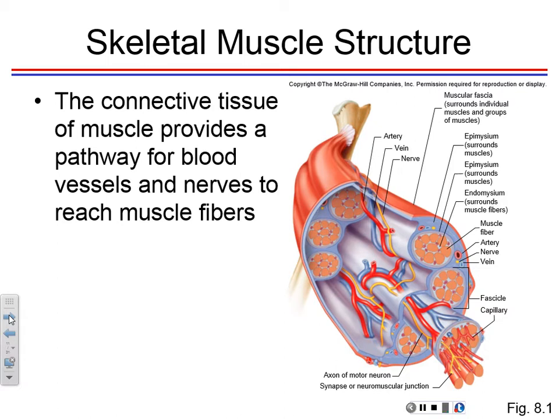So the functions have to continue, and you have to remember all the basic information we learned at the beginning as the foundation, on which we build as we go. So definitely a pathway. You see how on this perimysium we have all these blood vessels running on it, just like we found in the bone. So that's another important function of connective tissue.